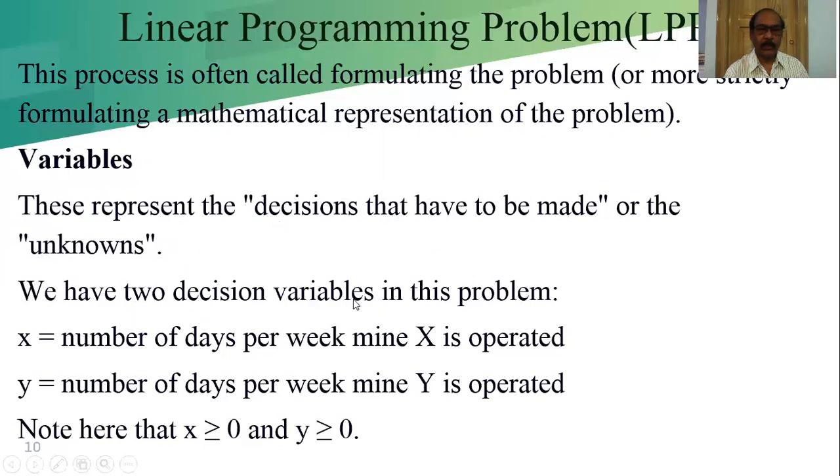We have two decision variables in this problem because we have two mines. First, we select how many days mine X is working and how many days mine Y is working.